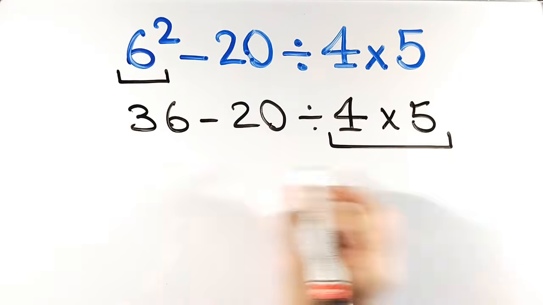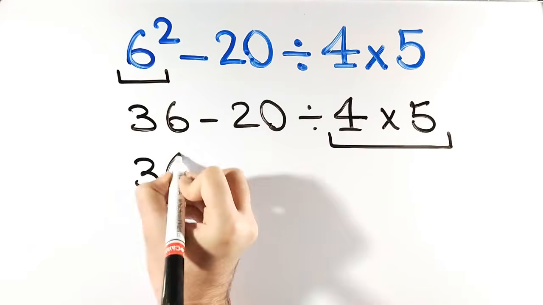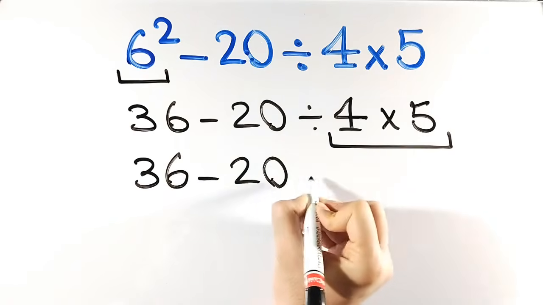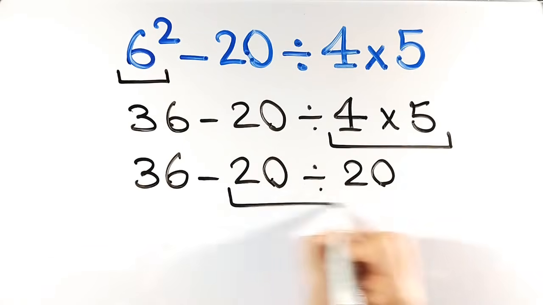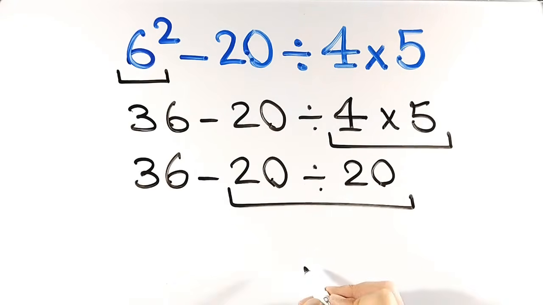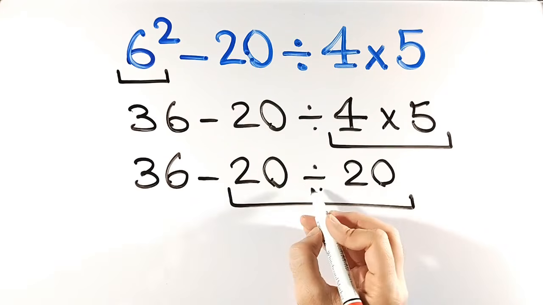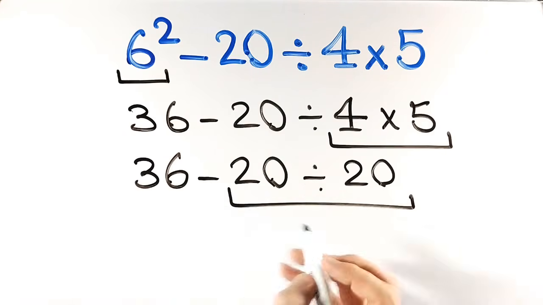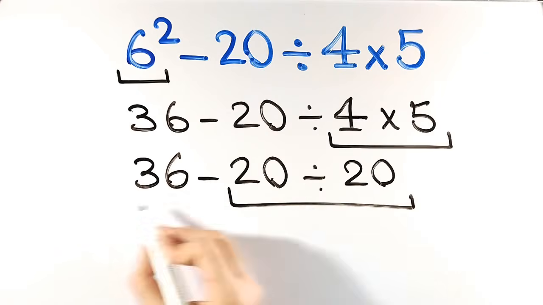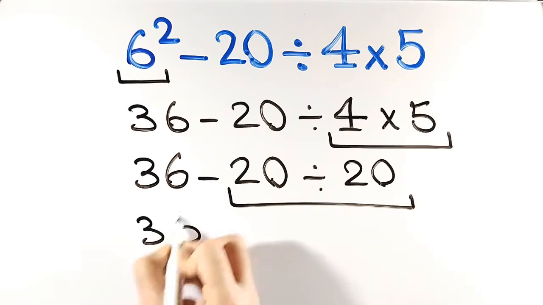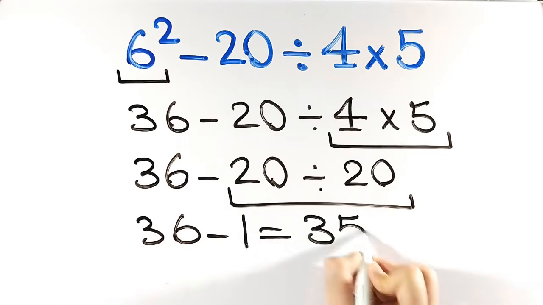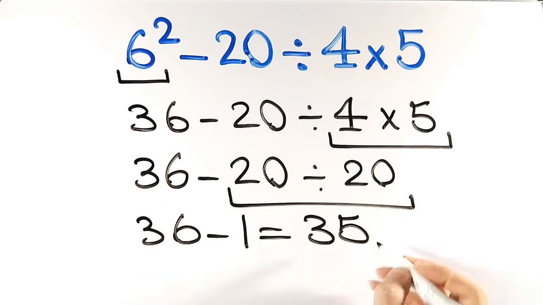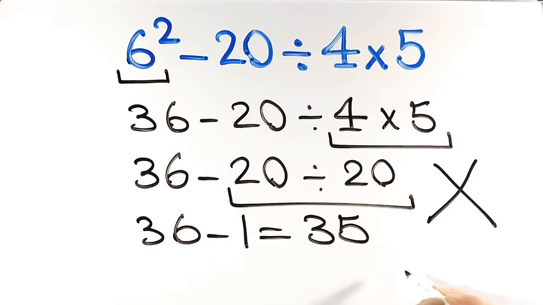So, instead of this equation, they write 36 minus 20 divided by 20. Next, they go for the division between 20 and 20 because they think division has a higher priority than subtraction. So, they rewrite this equation as 36 minus 1, which finally gives them the answer 35. However, this answer is actually incorrect.